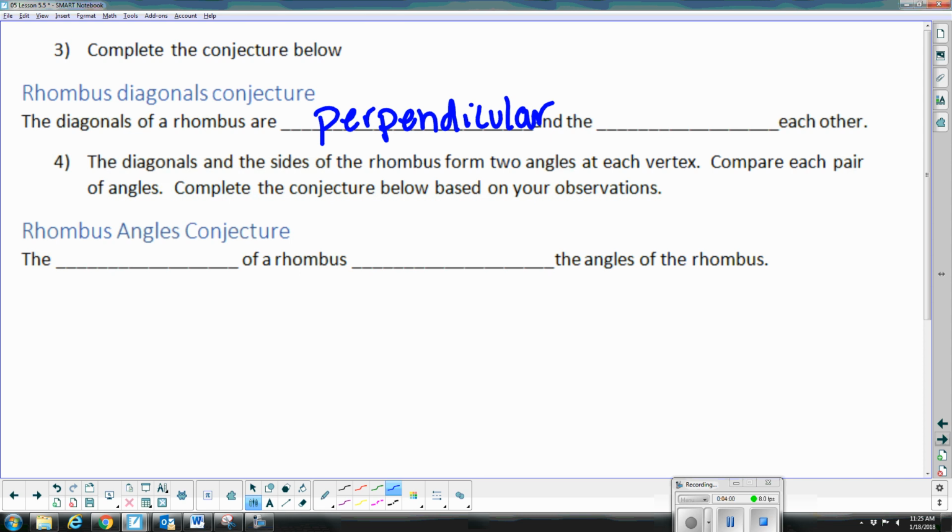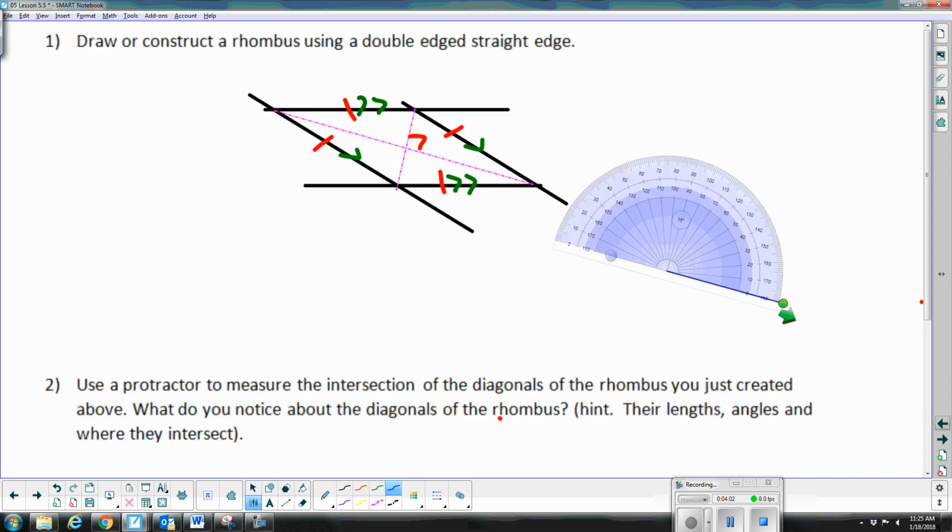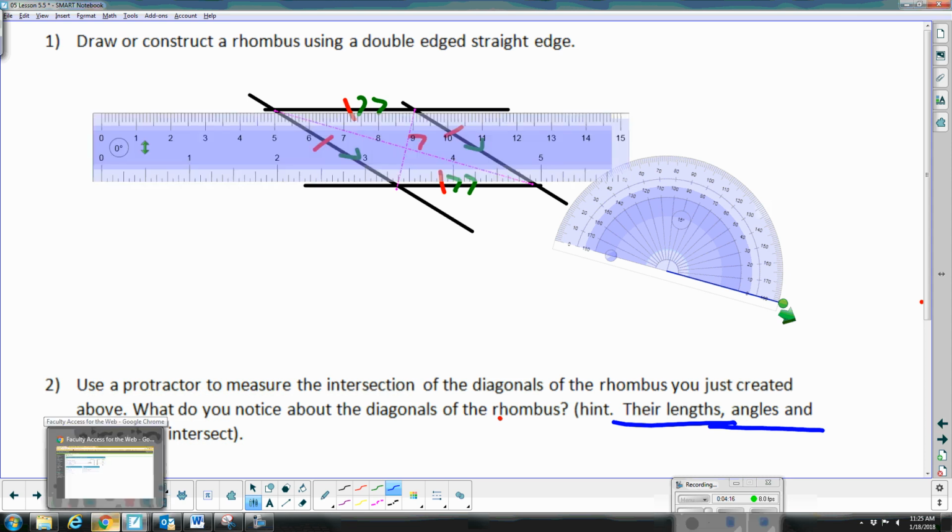Something else we can discover, if you look at your hint on here, it talks about their lengths. So let's look at the lengths of those diagonals. Now, you're not going to find that they are congruent because they're not.